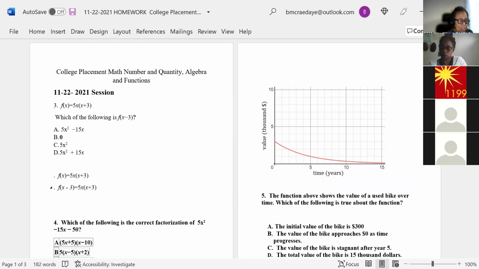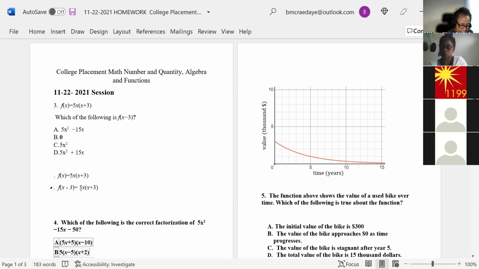That's what a function is. When you're looking for a function, you take the input and you put it in place of the variable in your function and then do the math.